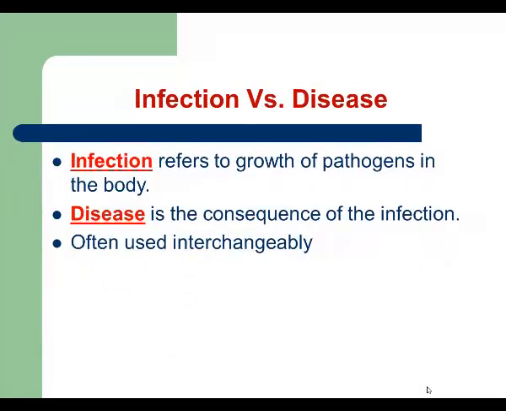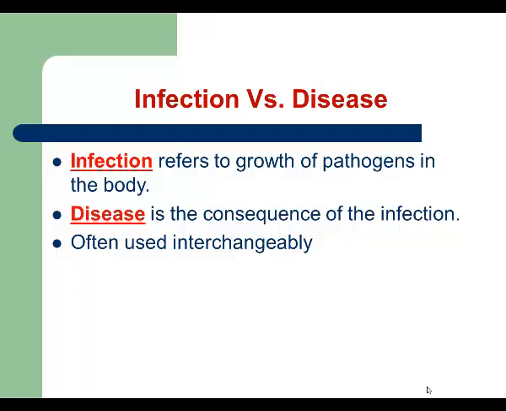But before we go through all 7 virulent factors, let's talk about those two terms that we use a lot when we talk about infectious diseases. So what is infection and what is disease? Infection refers to growth of pathogens in the body.